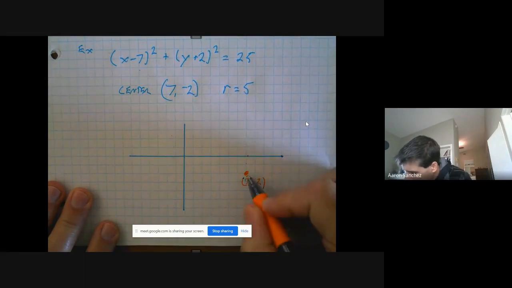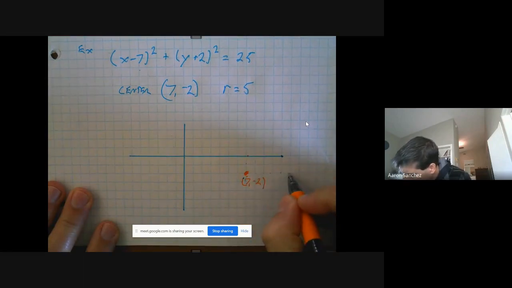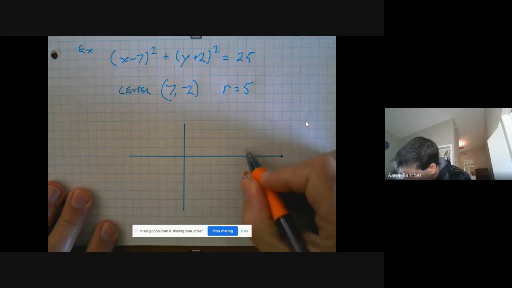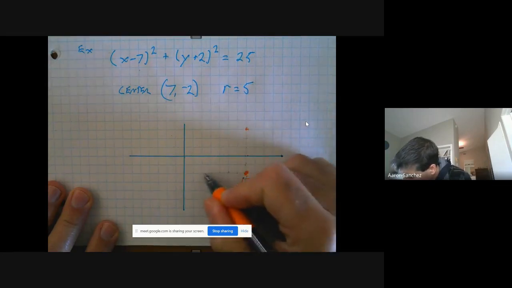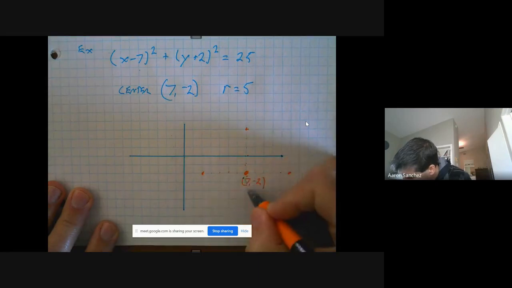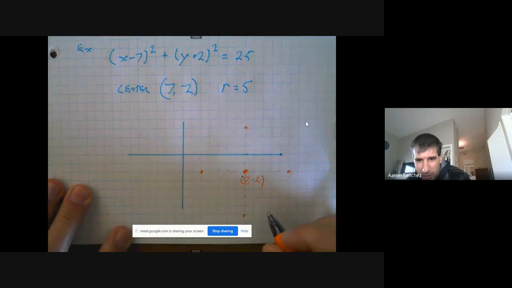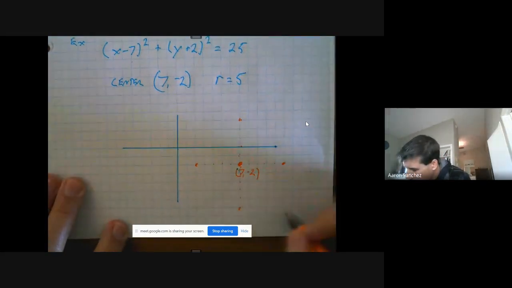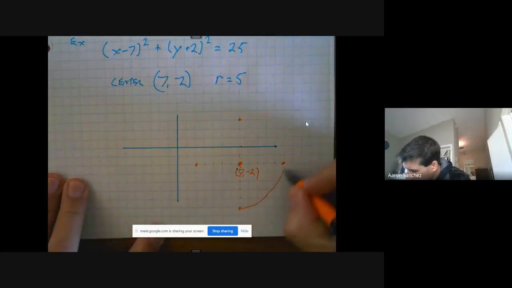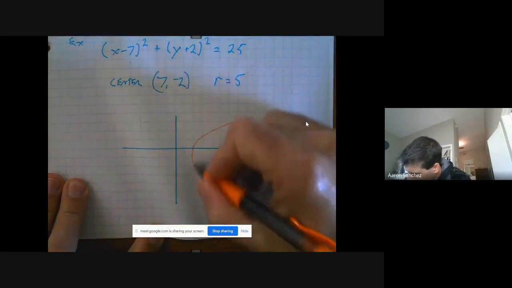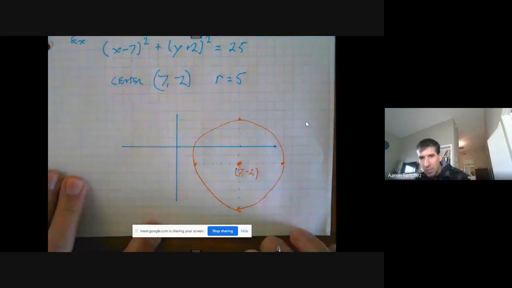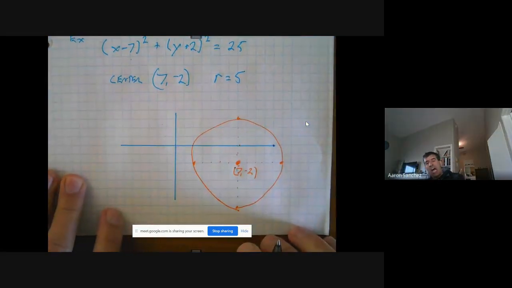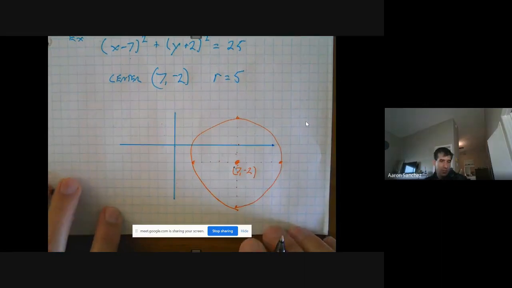And my radius is 1, 2, 3, 4, 5 in each direction. That's how long it is. It'd be all around, but just do the 4 points and connect them, and that's good enough for the circle. Oh my gosh, that's an ugly circle. But whatever, you get the idea.